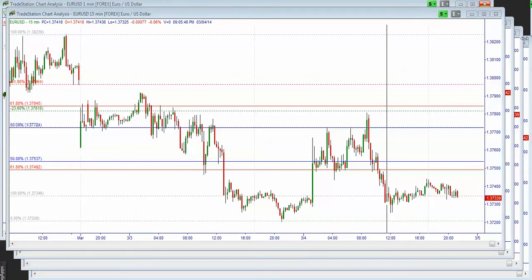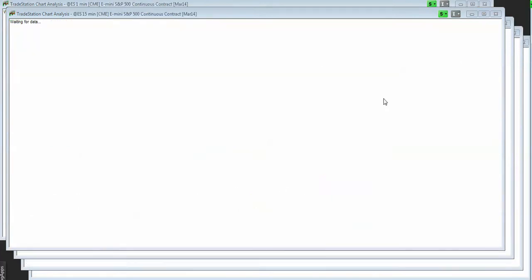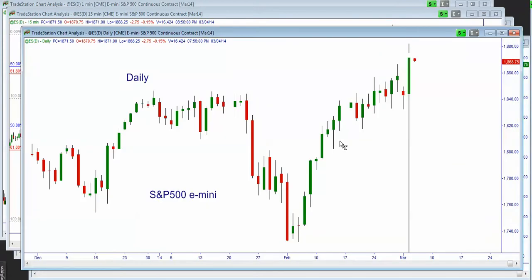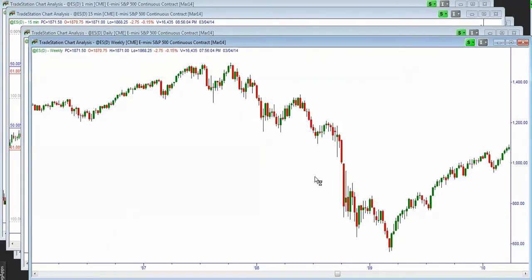So moving to the S&P 500, the S&P 500 just continues higher without a stop here. I want to show you on the weekly where this market is going.